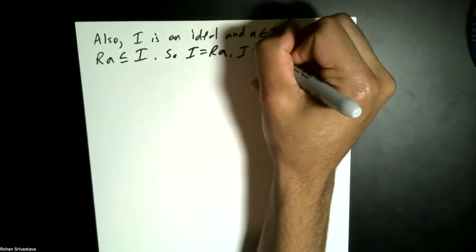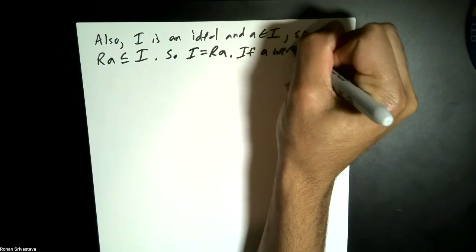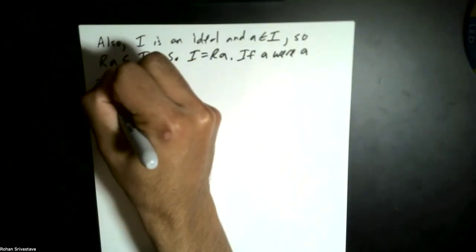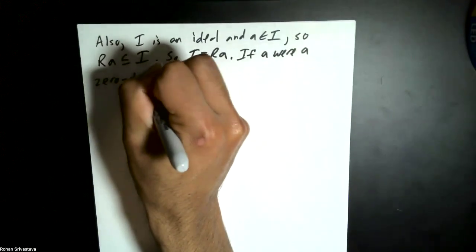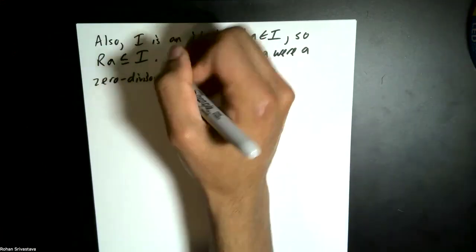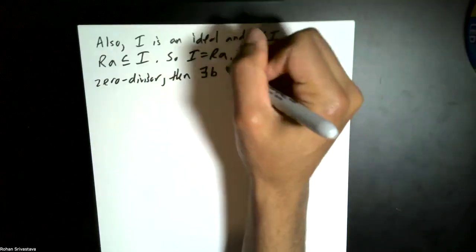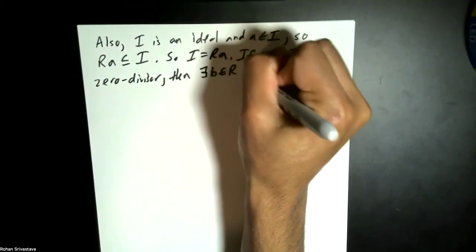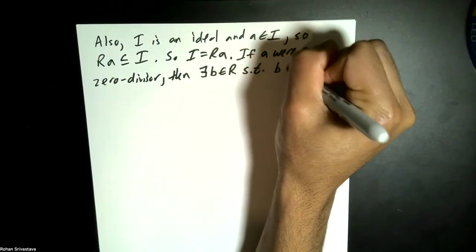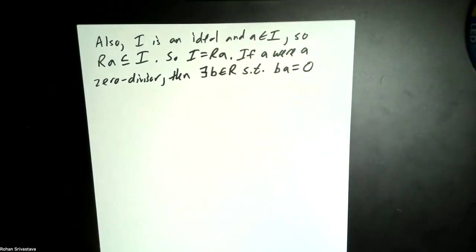Well, if A were a zero divisor, then there would exist some B in R such that B times A equals zero.